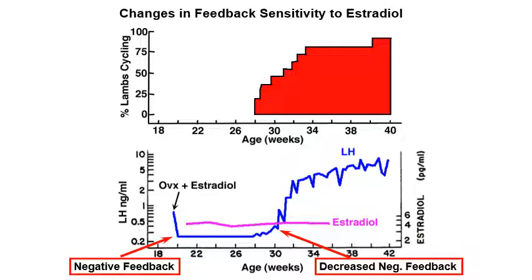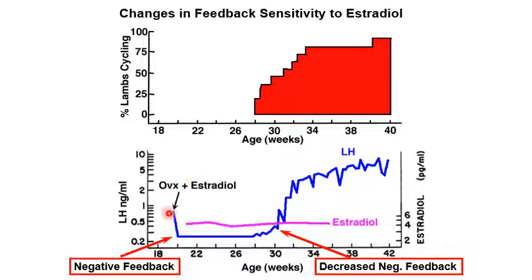Another factor that determines the onset of puberty is the changes in the feedback sensitivity to estradiol. So this diagram shows the changes in the feedback sensitivity to estradiol for ewe or sheep that have been ovariectomized. So ovariectomy at this particular age in weeks resulted in a drop in the level of the LH.